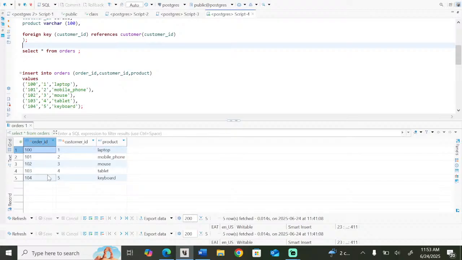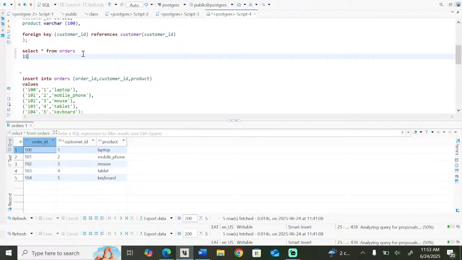I have 5 rows. I want to limit to only two rows. Let's say limit. Let's try this.